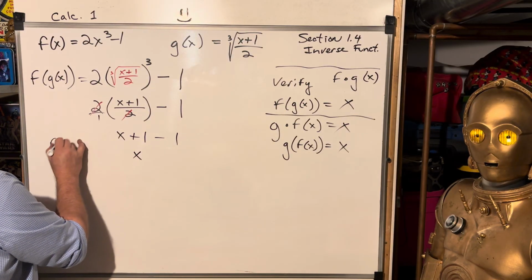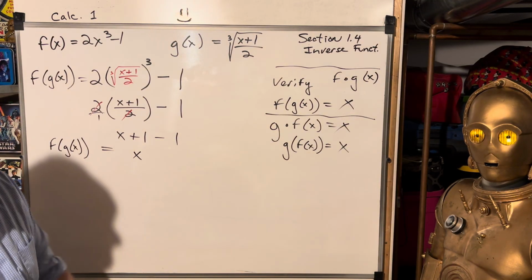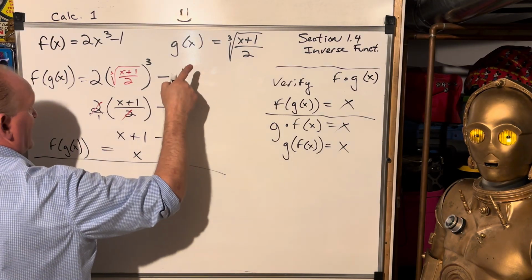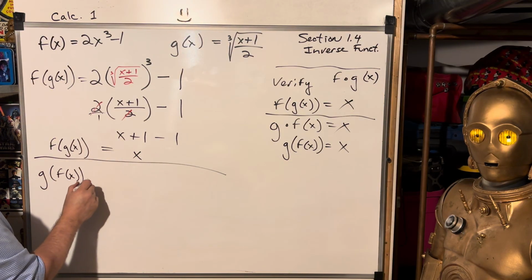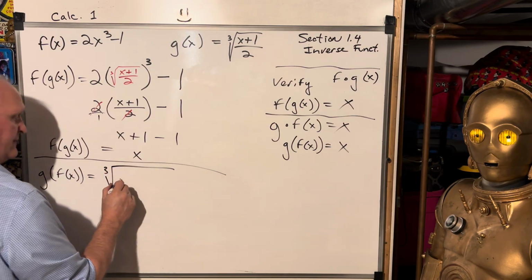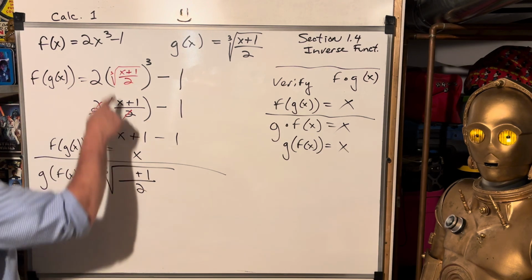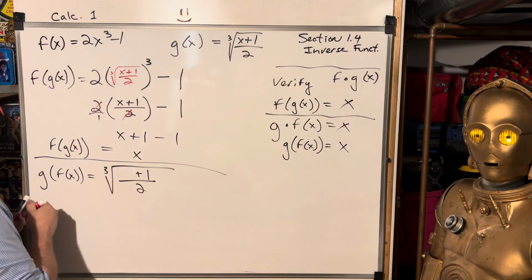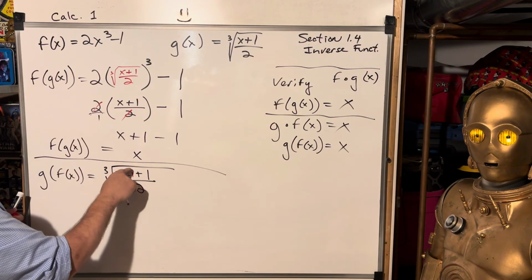So f of g of x did turn out to be x, but we're not done. It also has to work in reverse, so I have to be able to put g of f of x in and show that that is x. So that is going to be the cube root of (plus 1) over 2. So I have to put this in there, where the x was. So 2x cubed minus 1 goes in where the x was.